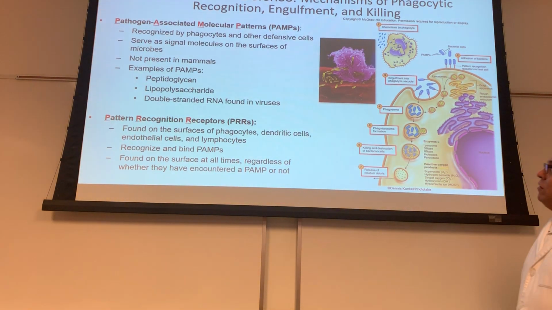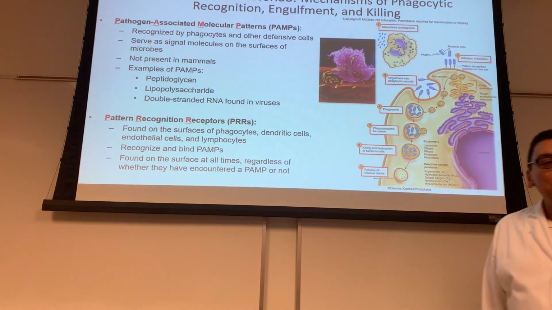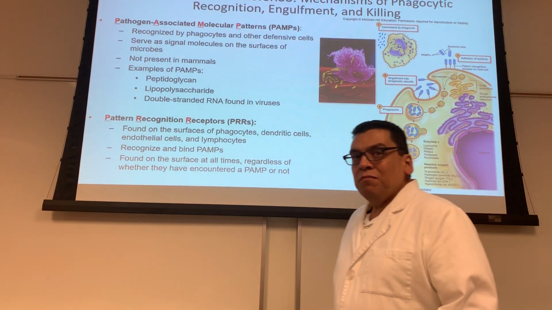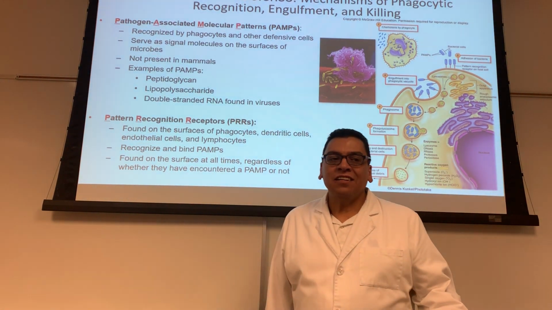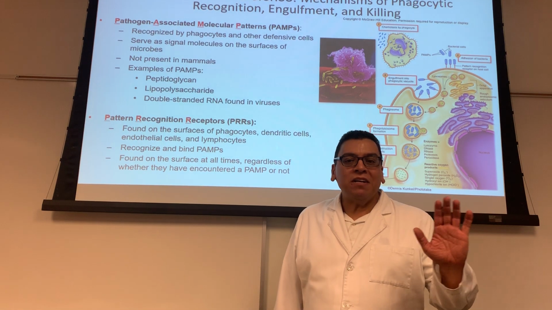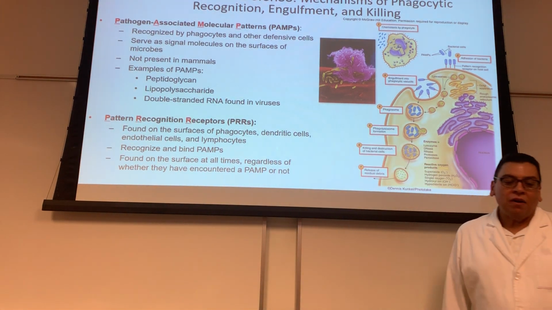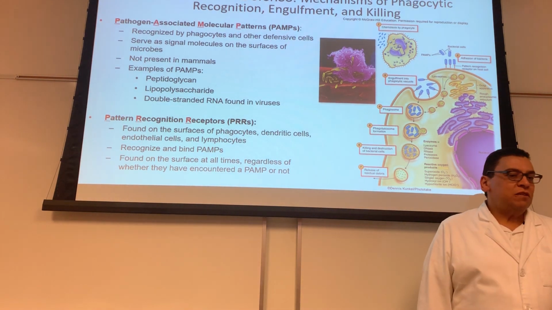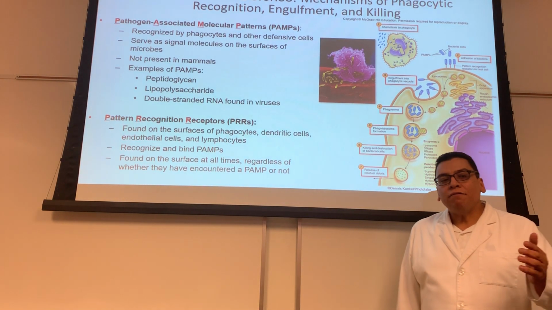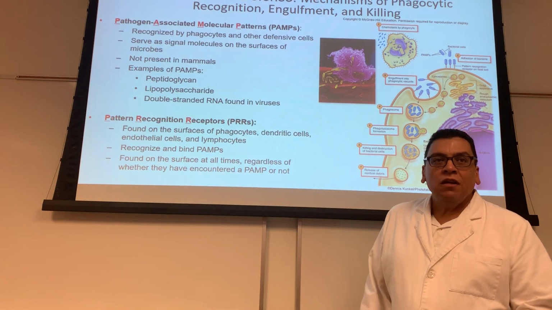Number one, they will recognize that bacteria is not a host cell, because what does it lack? Its social security number. What is that? MHC1. Very good. Remember I said the MHC1 on the surface of all your cells identifies you for you.